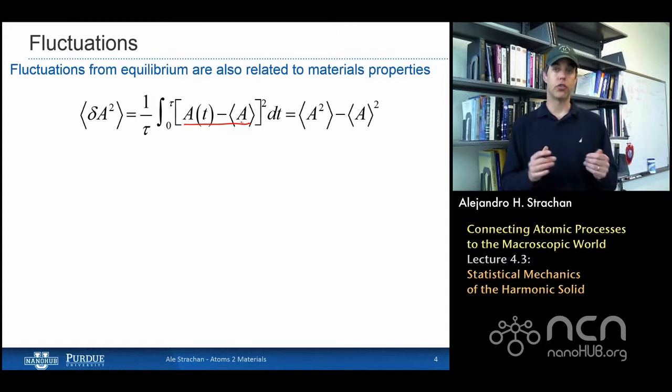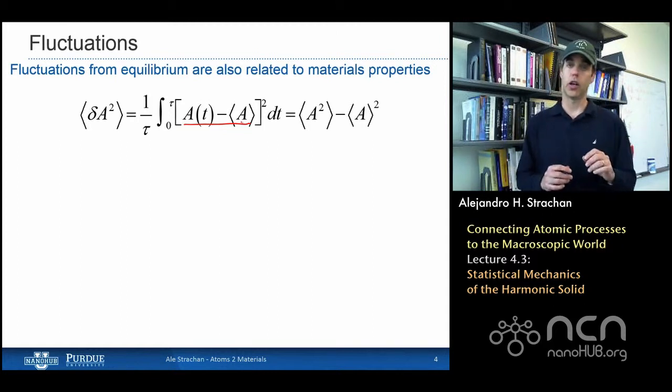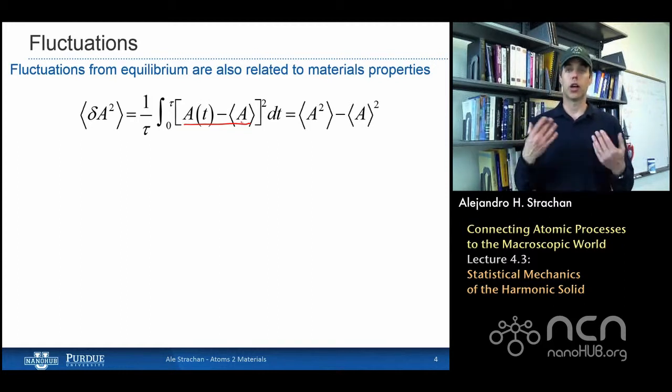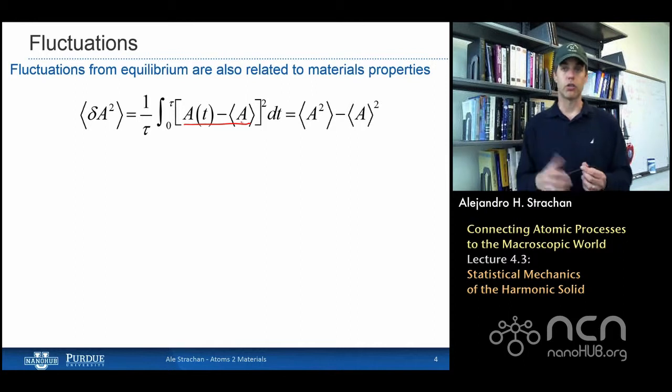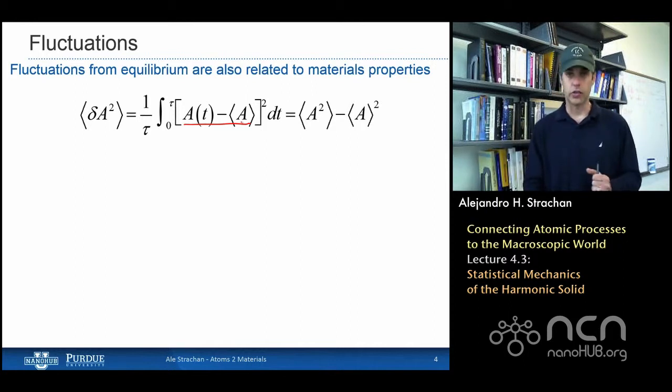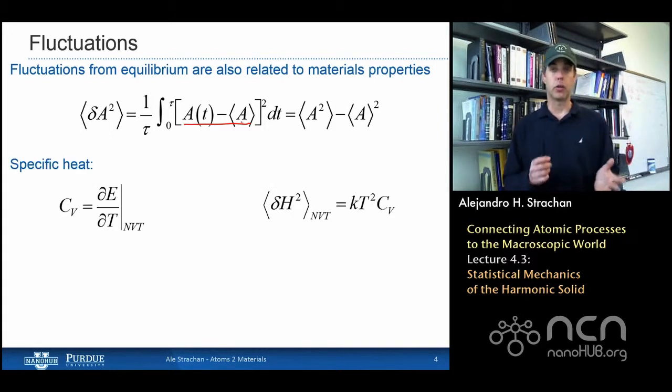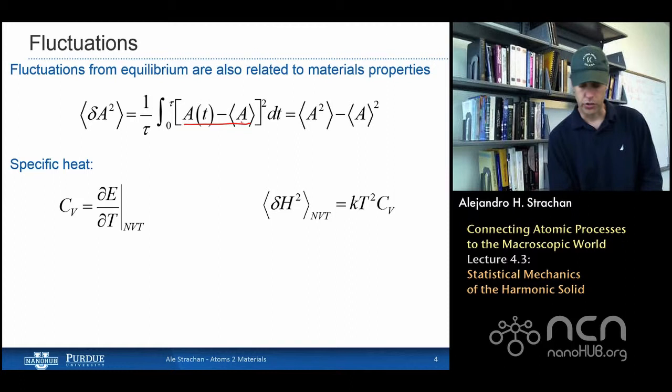Now, fluctuations of quantities of interest like energies or the number of particles or the volume are associated with second order response functions in statistical mechanics. That means that the fluctuations have a meaning. For example, here's the definition of specific heat.